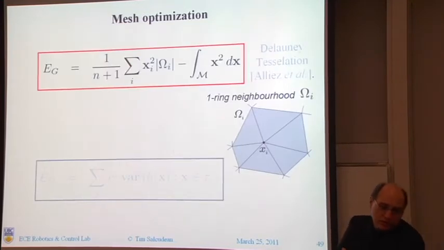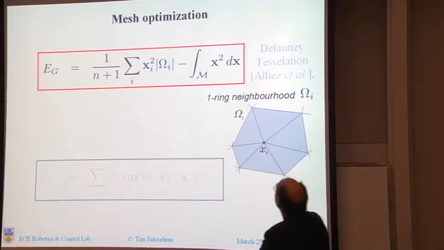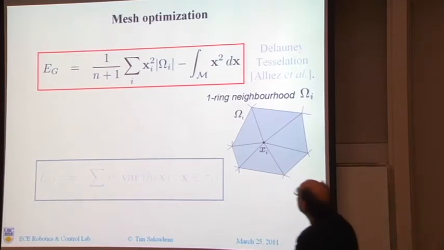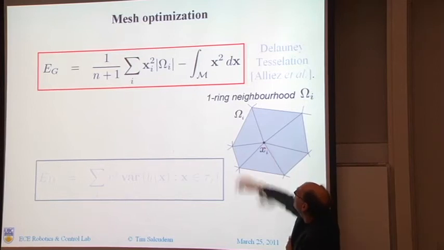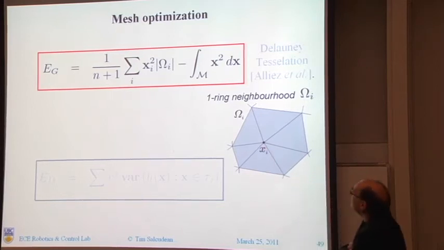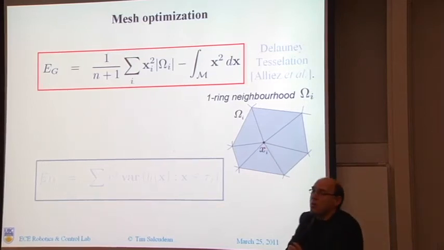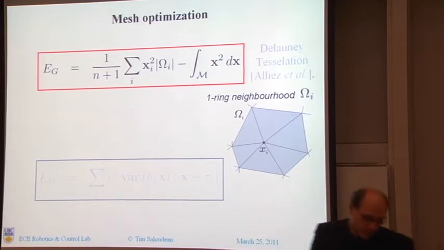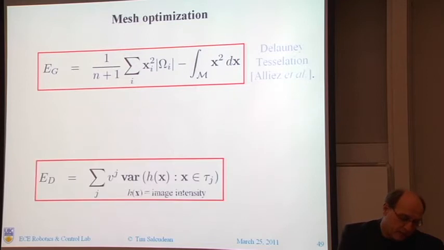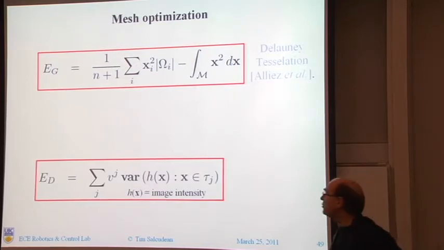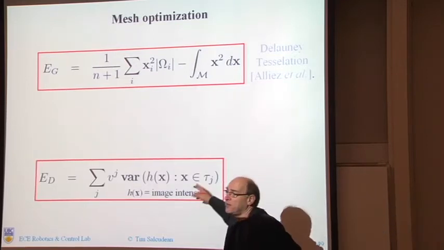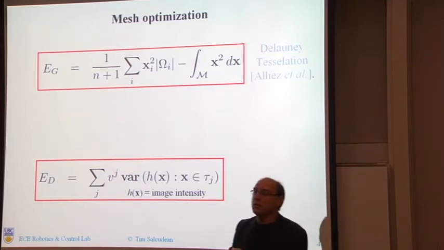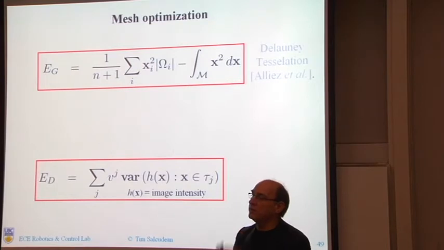So what Orchun has done, he started with the Delaunay triangulation, using the one-ring neighborhoods of each one of the nodes as an energy function, which gives you one geometrically suitable mesh. And to that, he added an energy function which depends on the variance, the variability of the intensity of the image in each mesh element, okay?